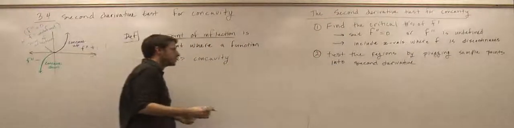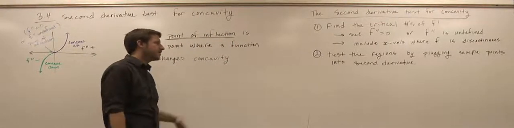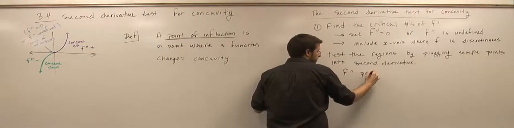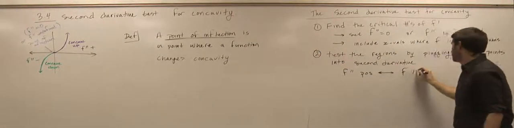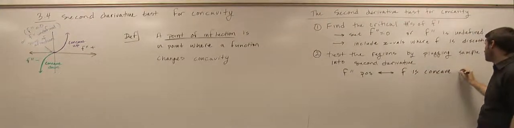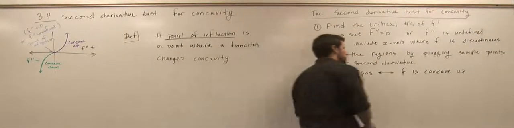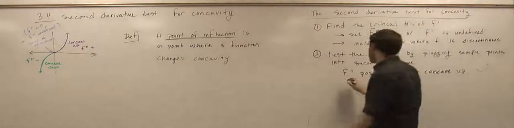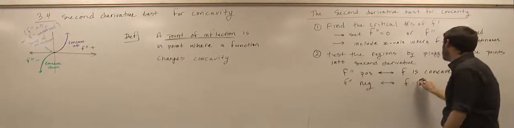And similar conclusions to the first derivative test hold here, right? If you get a positive region, so if f double prime is positive, that means your original function is concave up, so it looks like it bends upward. If f double prime is negative, it's concave down.